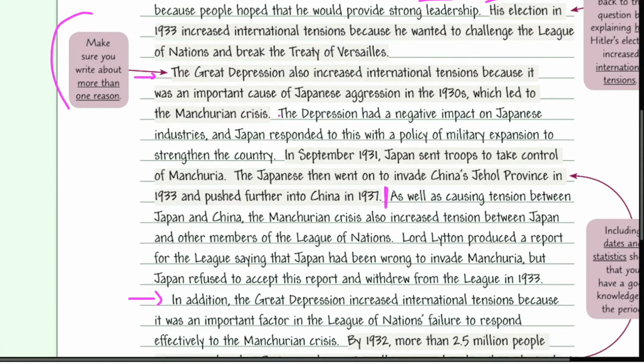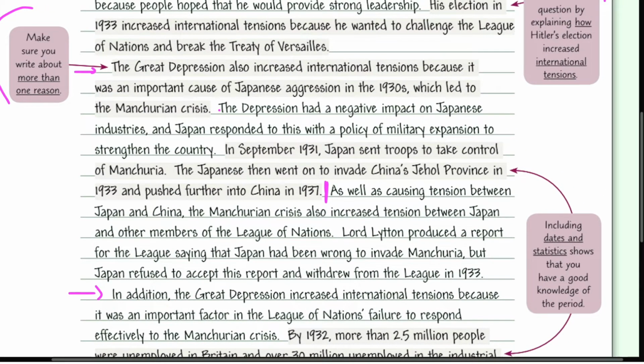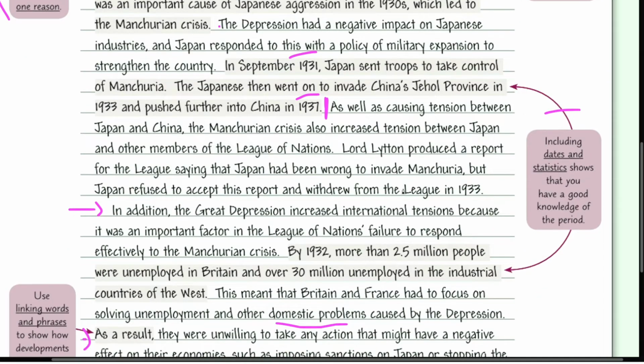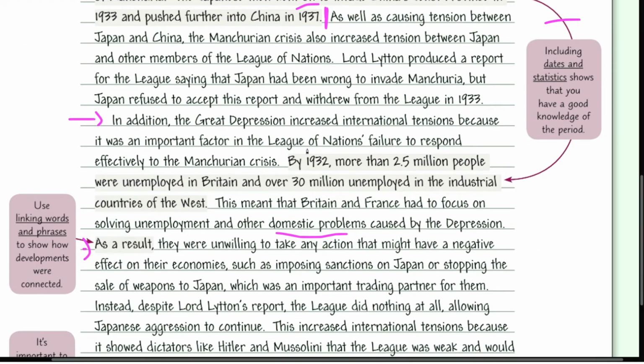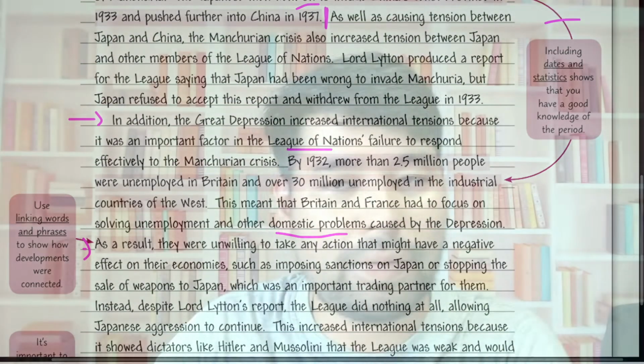And let's get back. So analyzing the next one, which is this one here, right? Including dates and statistics shows that you have a good knowledge of the period, of course. So we have some dates here, showing that you really understand what you are saying, okay? By 1932, I think this is good in every writing.